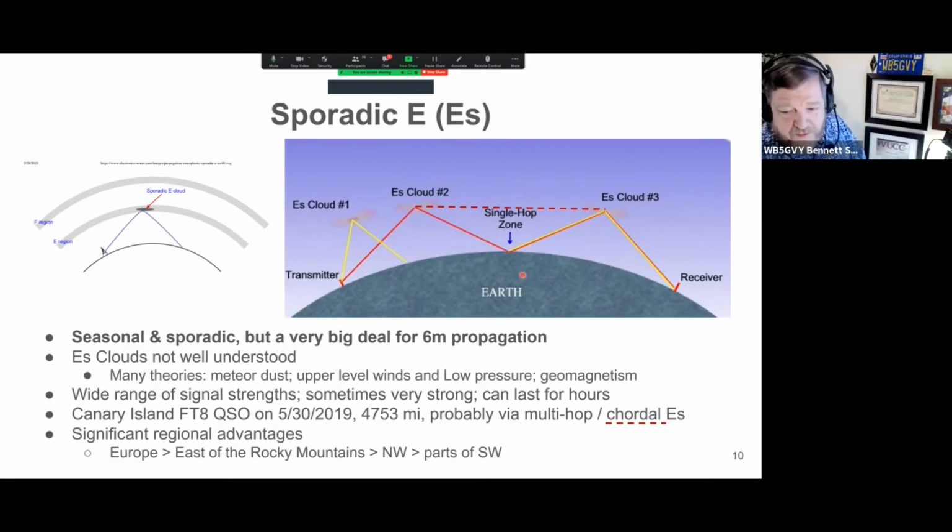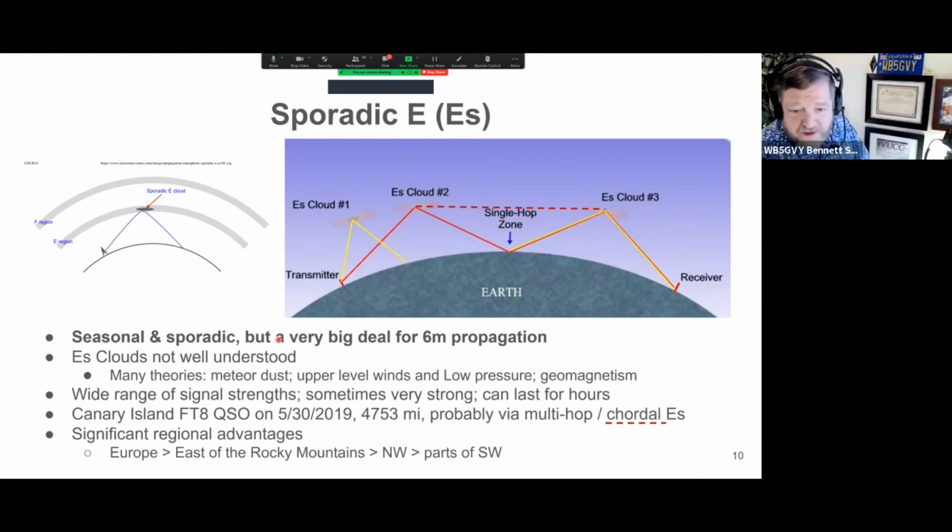There's no way to know for sure, but I'm speculating that the Canary Islands QSO I had on May 30th, 4,700 miles, was probably one of these multi-hop chordal sporadic E contacts.